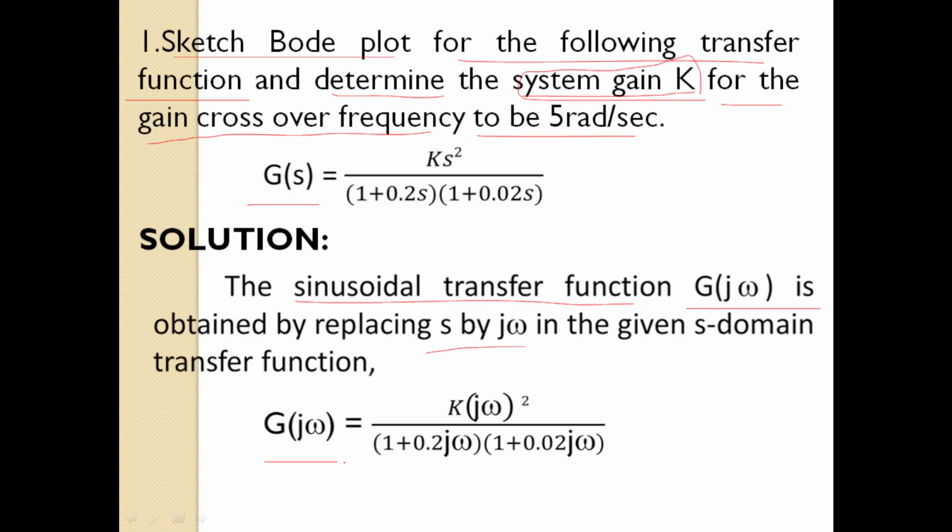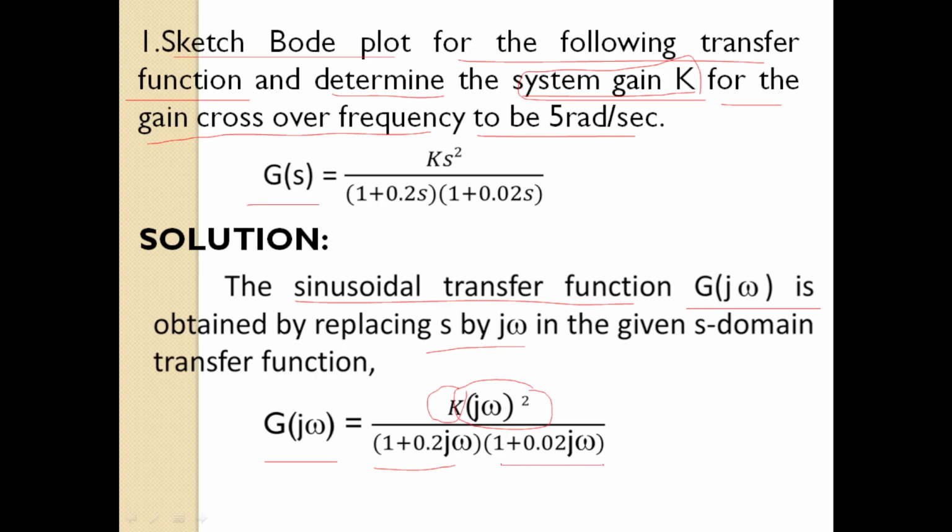Now let us check how many basic factors are there in the given open loop transfer function. If you see in the numerator, there is one factor, that is the derivative factor, (j omega) to the power of 2. Of course, there is a gain constant k, whose value we have to determine, and in the denominator one first order factor is there.